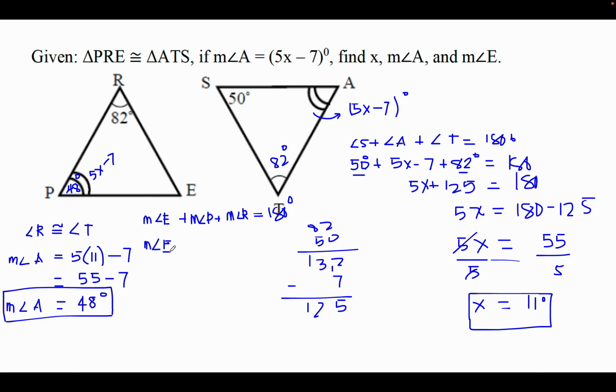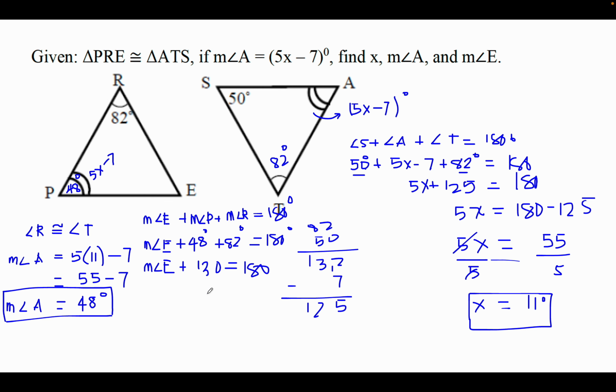So, rewrite. Just copy. Measure of angle P is 48 degrees. So, we need to show the solution. Plus, measure of angle R is 82 degrees is equal to 180 degrees. Combine 48 and 82. What's the answer? 130 po. 130 is equal to 180 degrees.